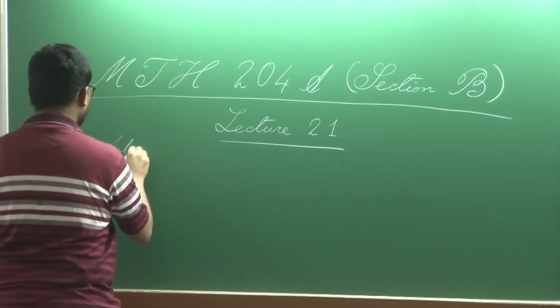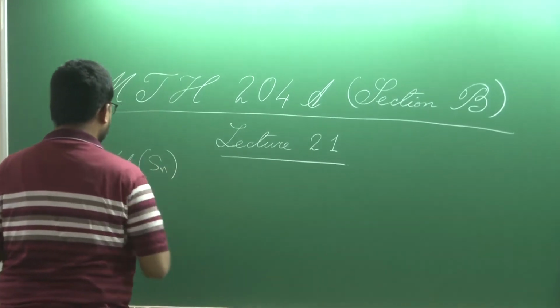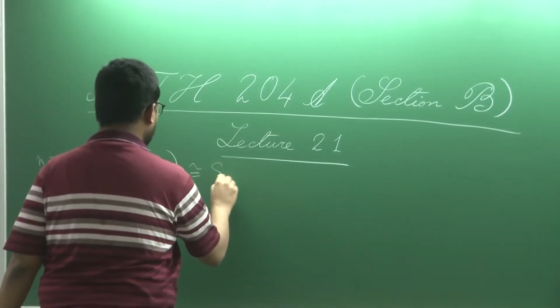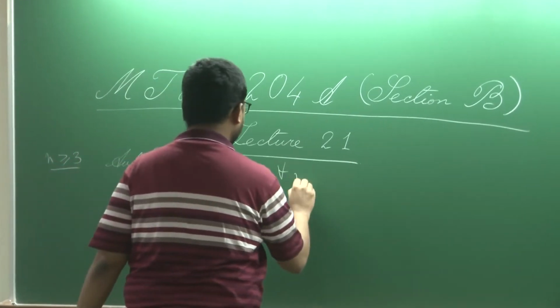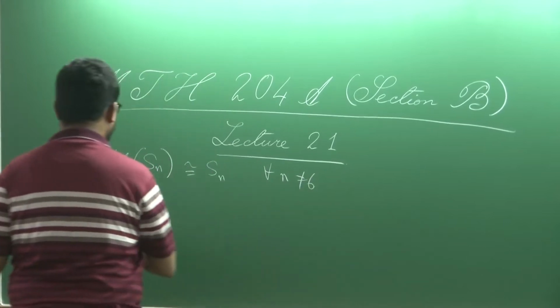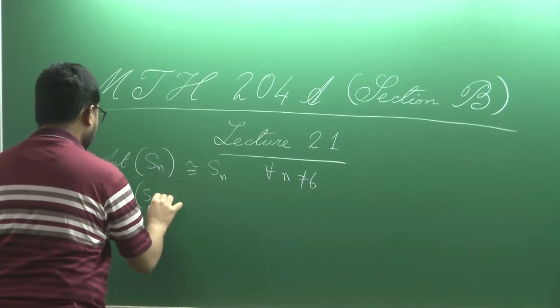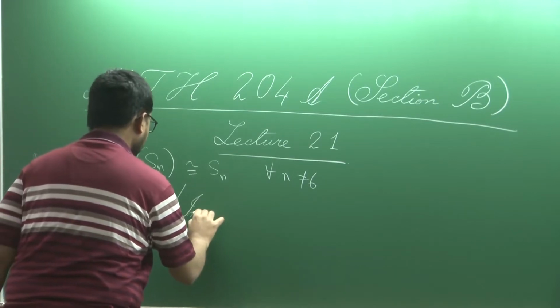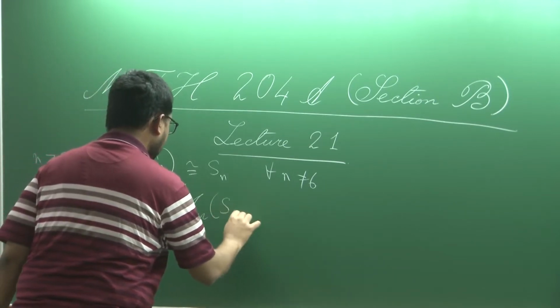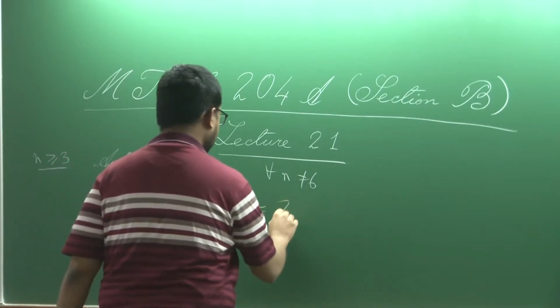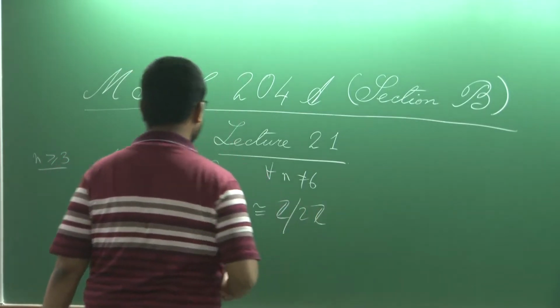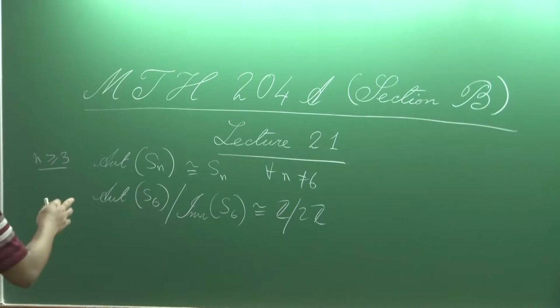We wish to show that Aut(Sn) is isomorphic to Sn for every n not equal to 6, and for n equal to 6, the quotient Aut(S6)/Inn(S6) is isomorphic to Z modulo 2Z. So, these are the two results we will show.